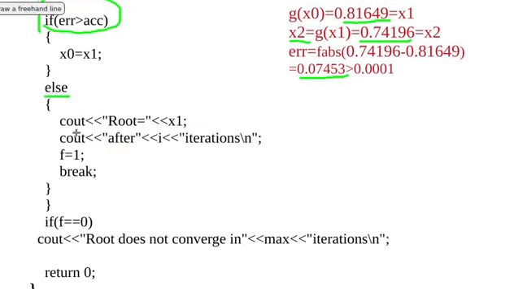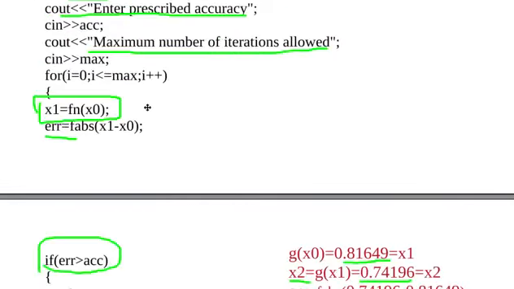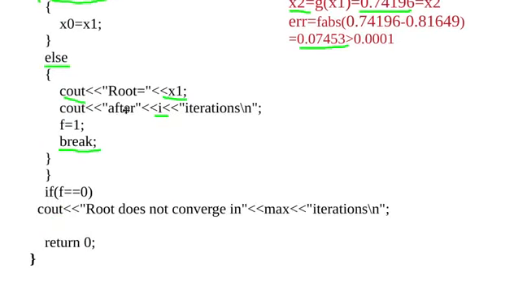In the else part I am printing x1, that is x1 will be your root, so I print out the root, x1, found after these iterations, and I am putting a break here because now I have reached the accuracy level. I don't want to continue the iteration till the maximum value because I have found the root, so I can break.